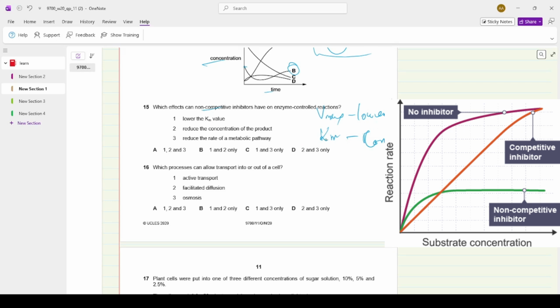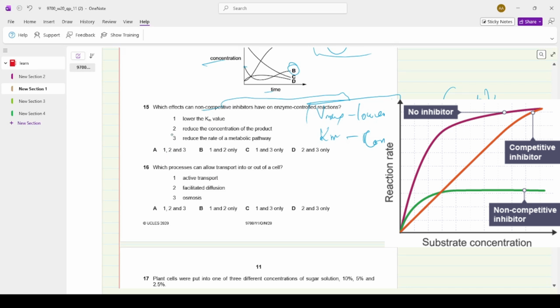So that's the difference. This is non-competitive, and then on the other hand, for competitive, we know that Vmax stays the same, and then Km is increasing, and once it is increased, also the affinity of this enzyme towards the substrate is lowered.